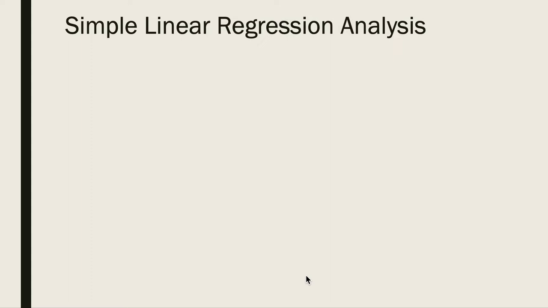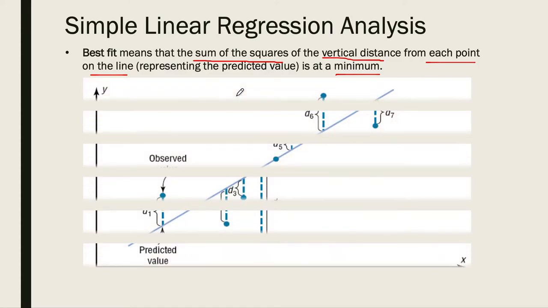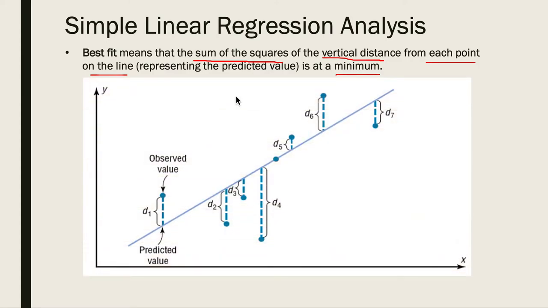What do we mean when we say best fit? Best fit means that the sum of the squares of the vertical distances from each point to the line is at the minimum. Let us consider this kind of graph here. We have data 1, data 2, data 3, data 4, data 5, 6, and 7.